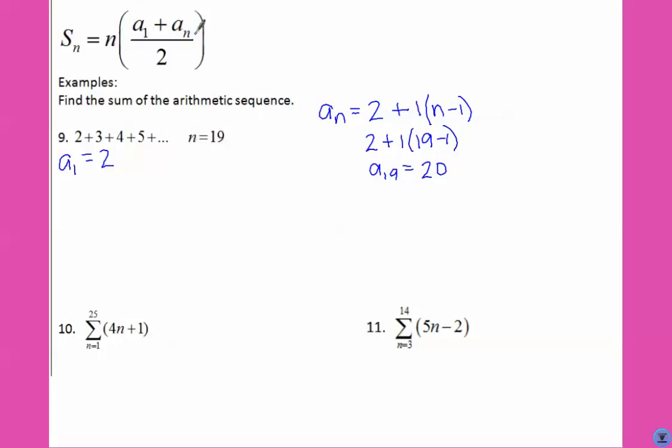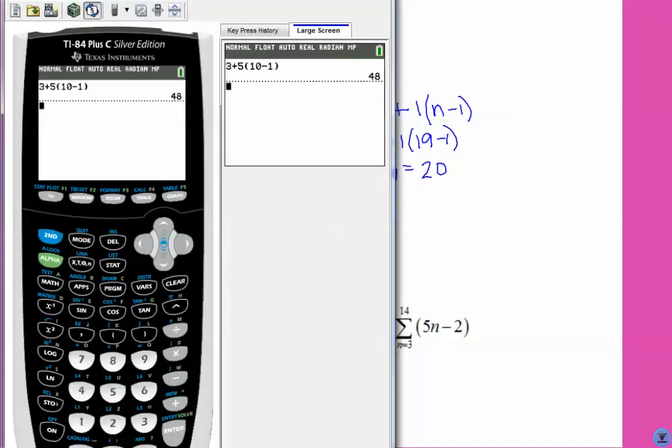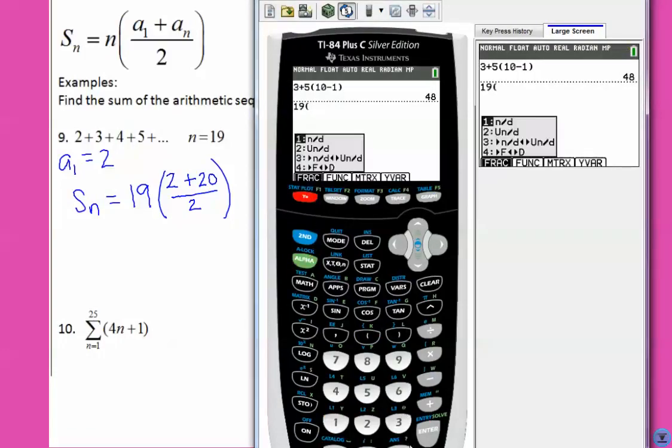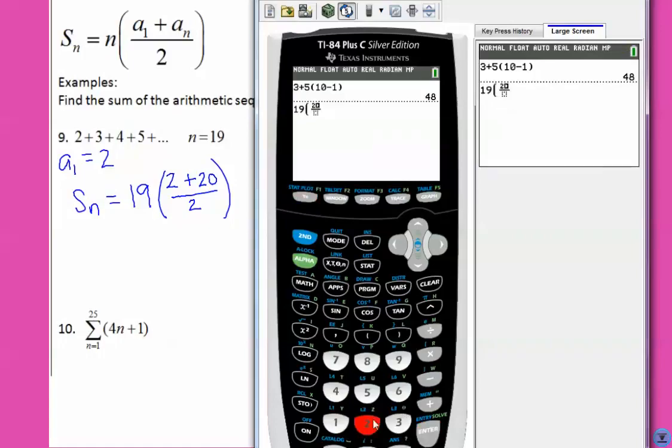So now we have all our information to plug in here. S sub n equals, we have 19 terms, times our first term was 2. The last term we're using is 20, and we're going to divide that by 2. Type all that in your calculator. Remember, you can use the flat fraction that we have. So 19 parentheses, alpha y equals, enter, 2 plus 20 over 2, close the parentheses.